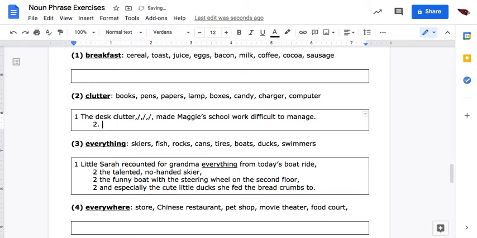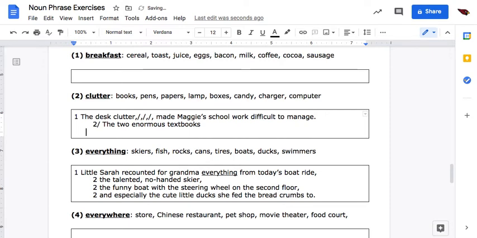So consider this. The 2 enormous textbooks. That's a 2 slash, by the way, not a 2 dot. Yeah, I know, these take a long time. They don't like textbooks as 2 words, huh? I guess it's 1 word.